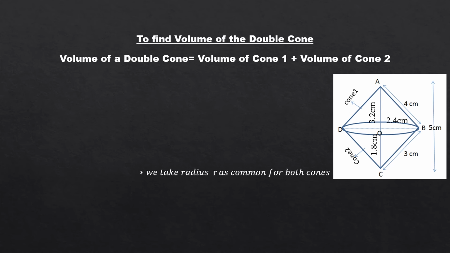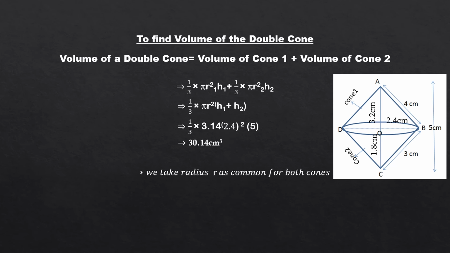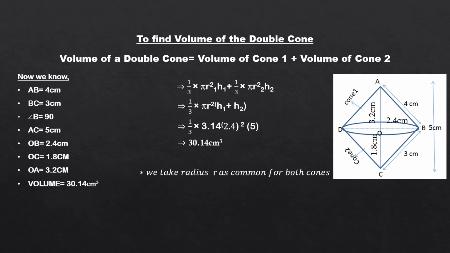Now using the formula and putting in the values that we already have, that's the radius, height 1 and height 2, we evaluate the equation, which brings us to the answer of 30.14 centimeter cube. Hence our volume for the sum is 30.14 centimeter cube.